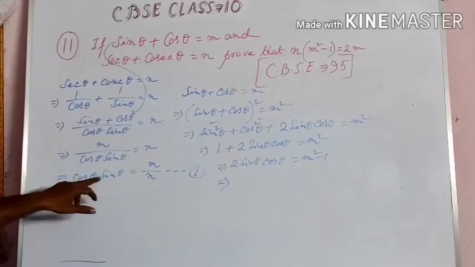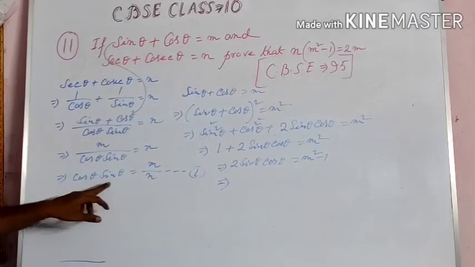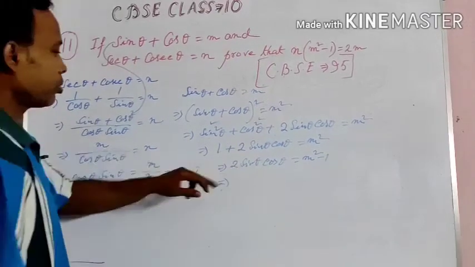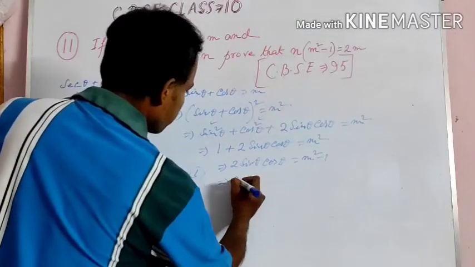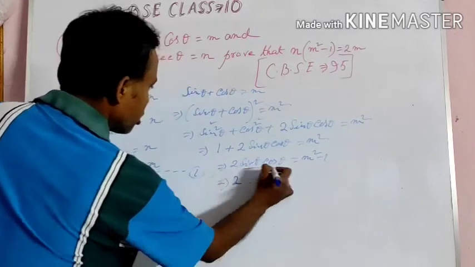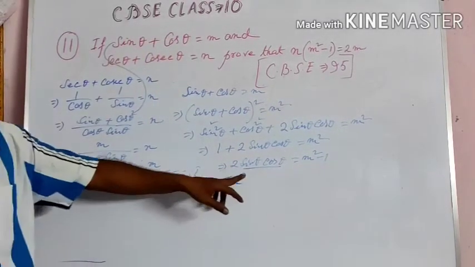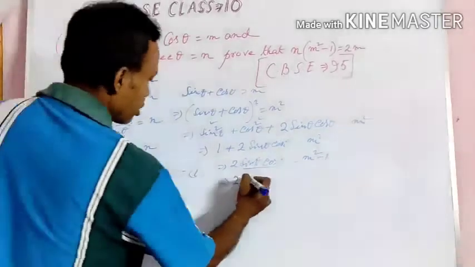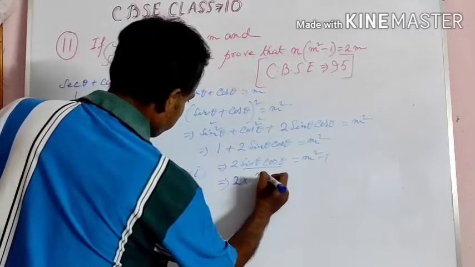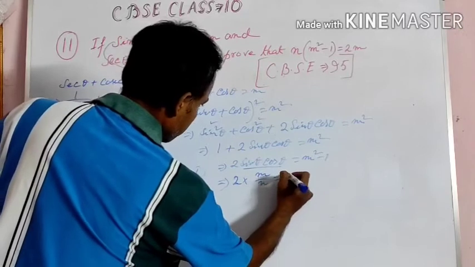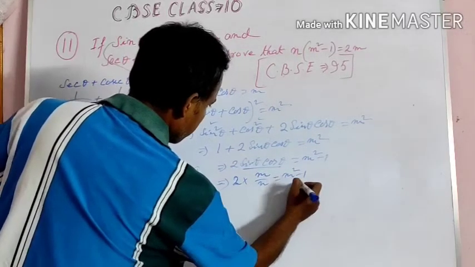Put the value here, 2 into sin theta into cos theta, sin theta into cos theta is equal to m by n. So put the value here, 2 into m by n is equal to m square minus 1.